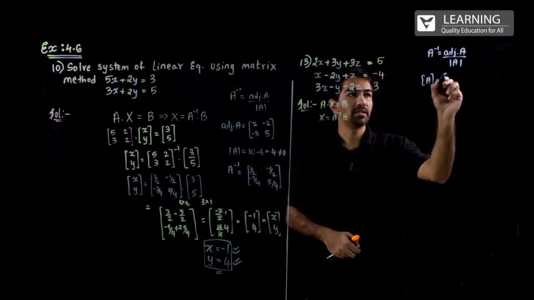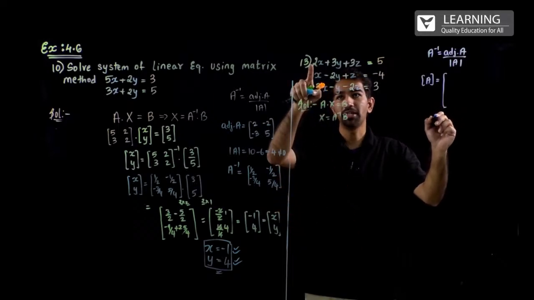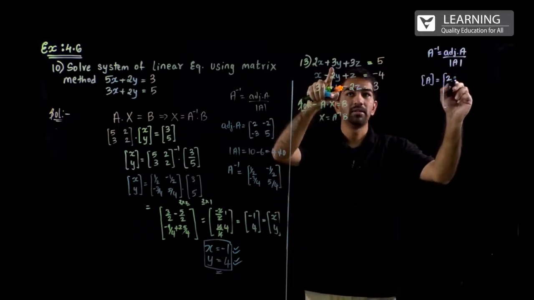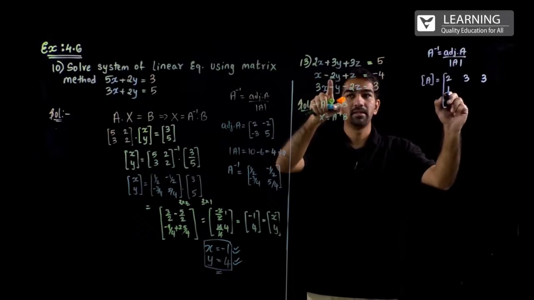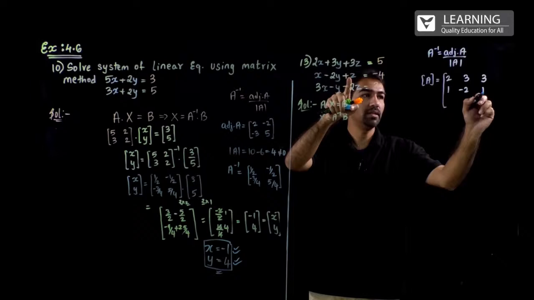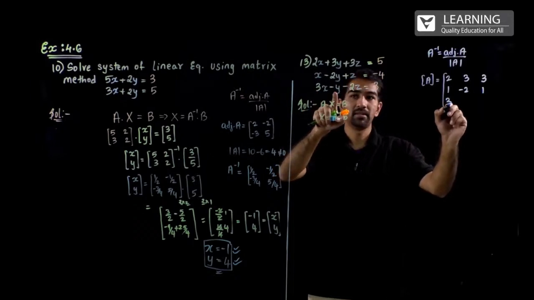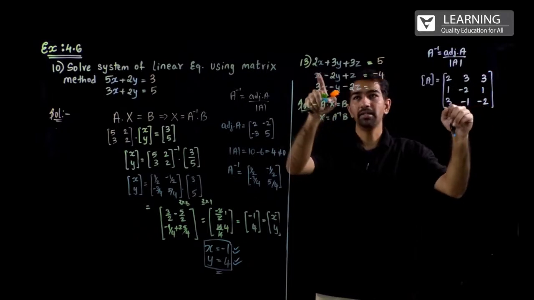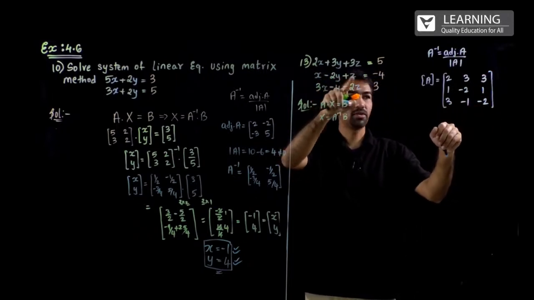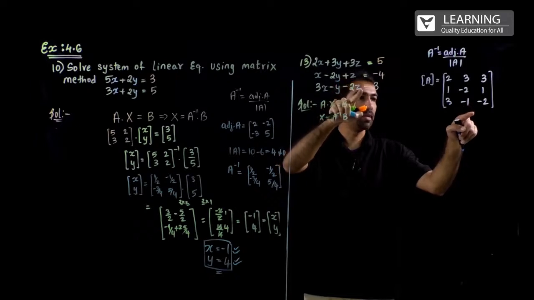Matrix A equals only the numerical coefficients. This is 2, 3, 3, 1, minus 2, 1, 3, minus 1 and minus 2. Cross check it once again. 2, 3, 3, 1, minus 2, 1 and 3, minus 1, minus 2.